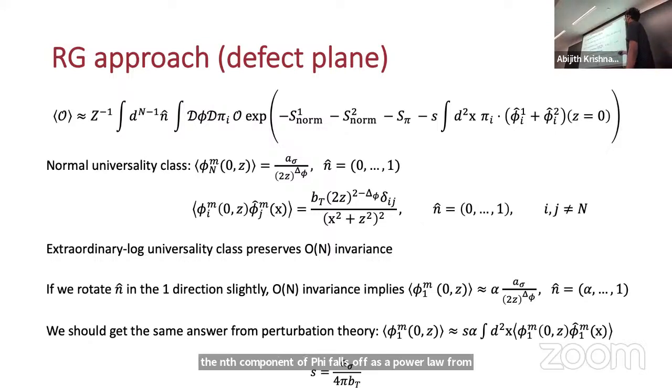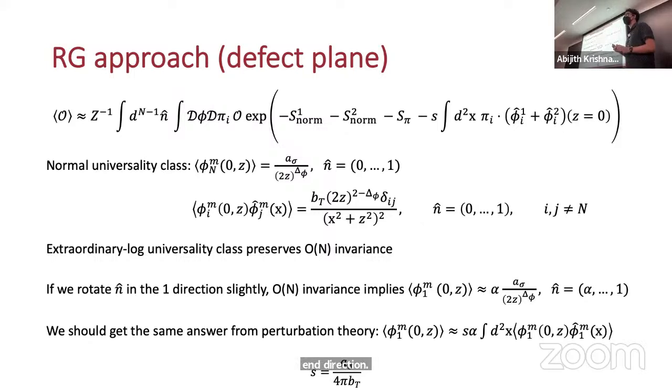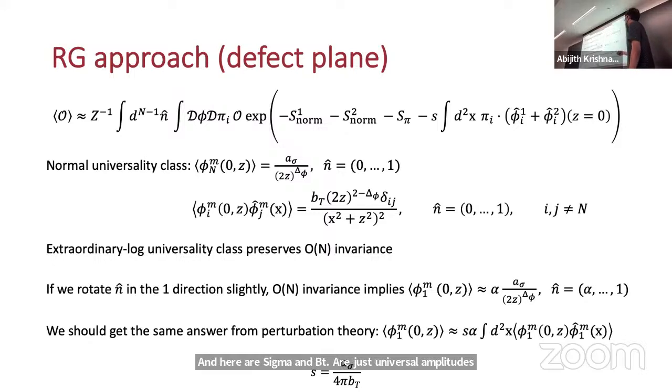And additionally, there's this correlation function relationship for the components of phi that are not in the nth direction. And here, a sigma and b T are just universal amplitudes. I will say that here, M is just referring to which half space you're in. So M equals 1 just refers to being in the bottom half space. M equals 2 refers to the top half space.